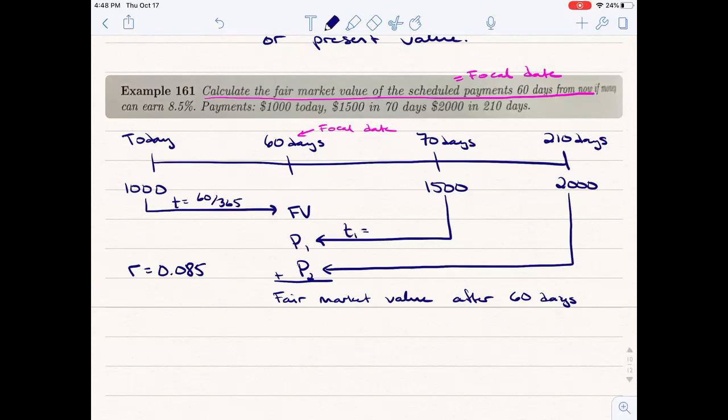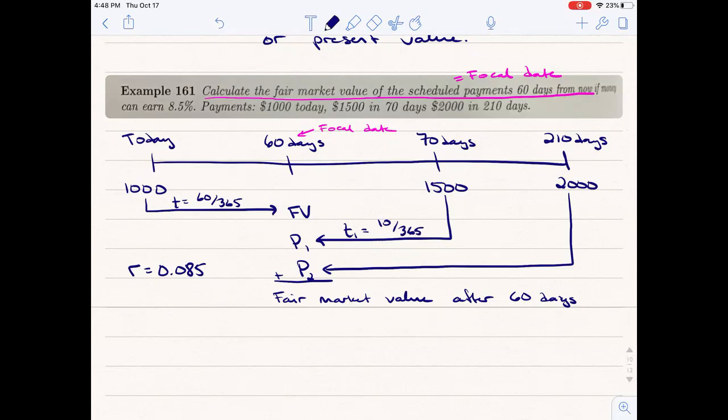T1 is 70, what was my mistake? Trying to go too fast. There's only 10 days between 60 days and 70 days, so T1 has to be 10 over 365.